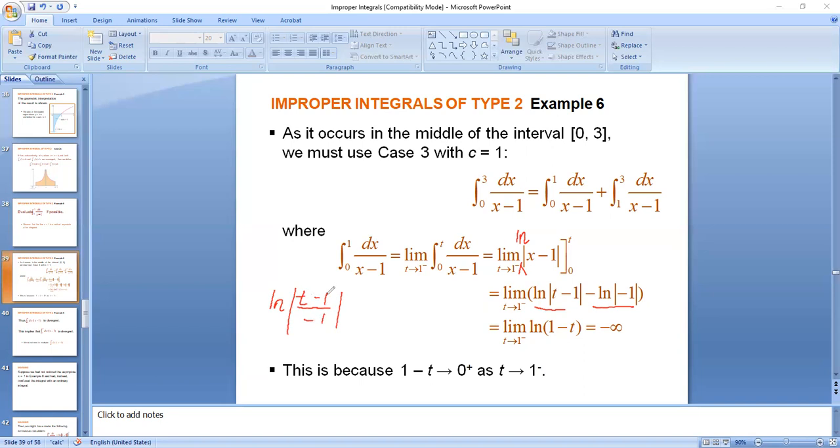So if you have t minus 1 divided by negative 1, it's somehow correct with what was said before, that you are to take the negative of this. So you have the ln of 1 minus t, because you divided this by negative 1. So that would be 1 minus t. Okay, not that you distribute, as the term that was used, distribute the negative 1.